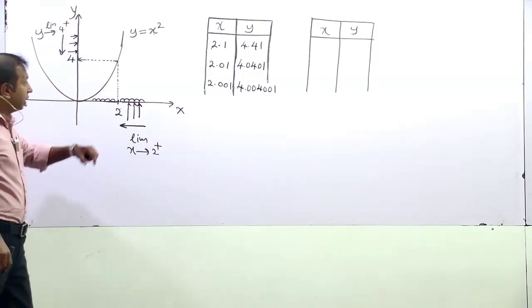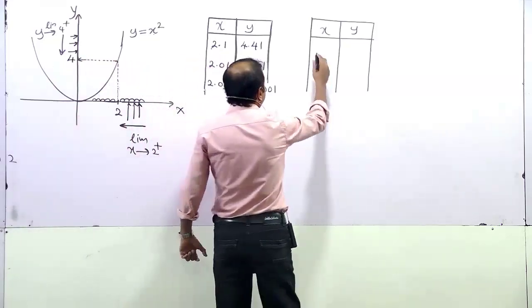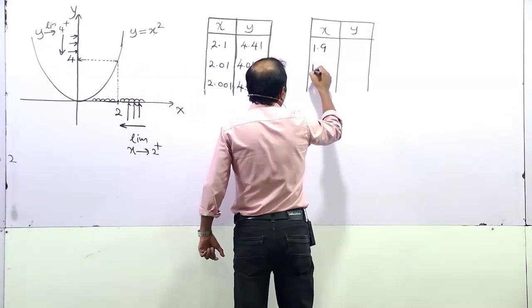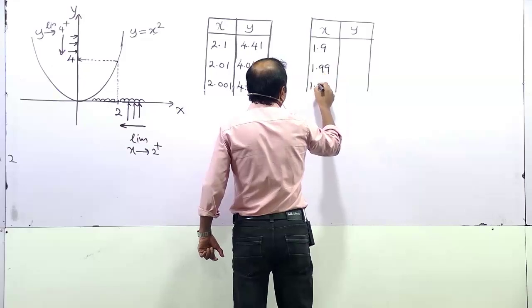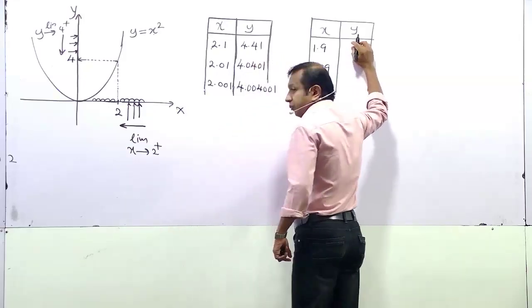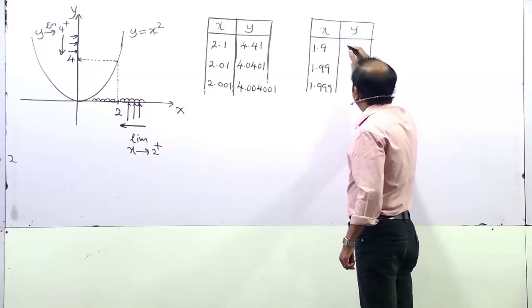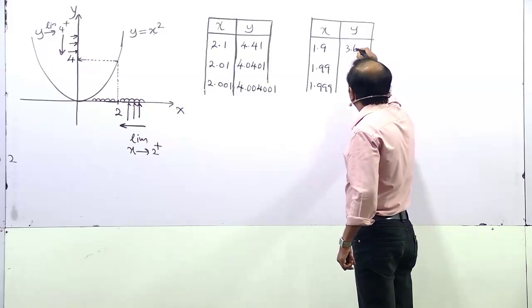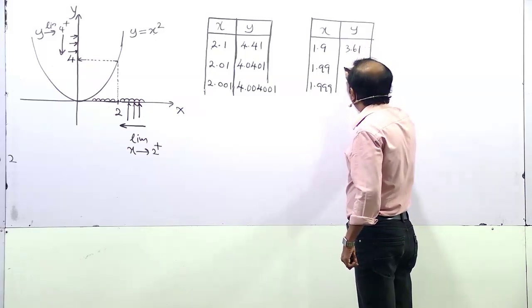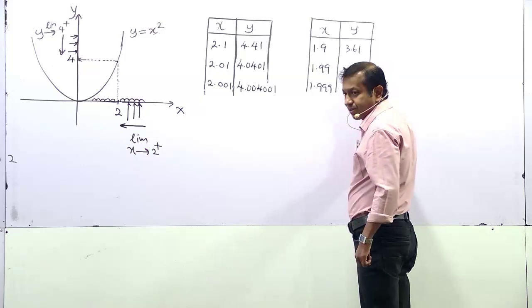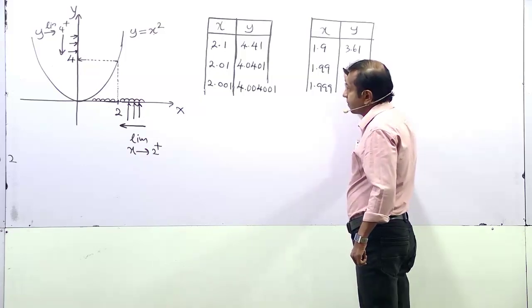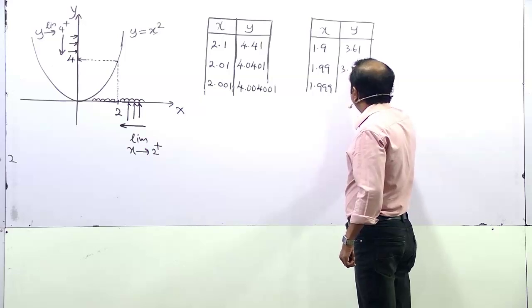Yes. Second table, I feel like this. I put 1.9, 1.99, 1.999. Tell me here too. 3.61. This one? 3.9601.